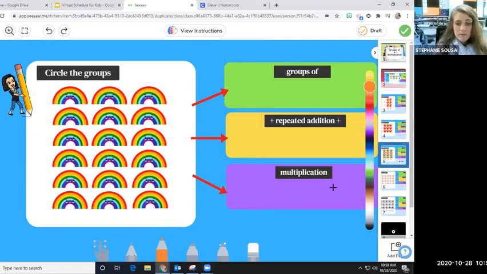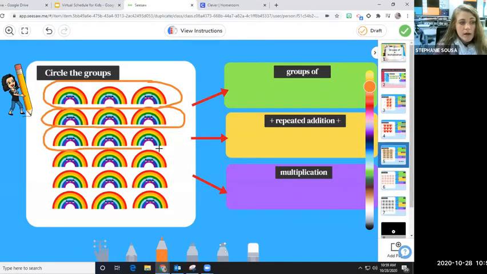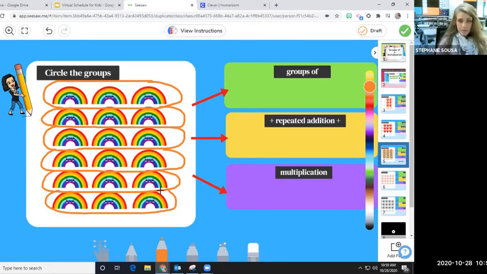We're going to do the same steps. First step is to circle the groups. Going straight across, I have one group, a second group, a third group, a fourth group, a fifth group, and a sixth group.